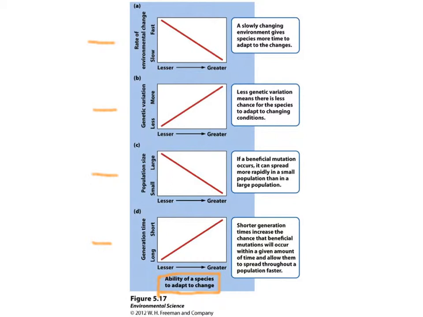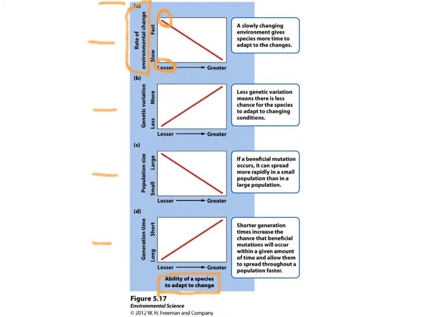And so the first factor in A, we have the rate of environmental change. And so a fast changing environment, as you see here, has a very low or a small ability to adapt to that change.